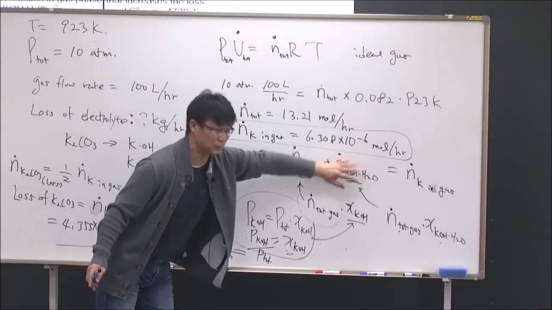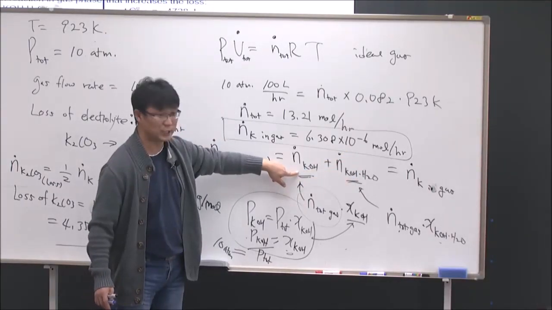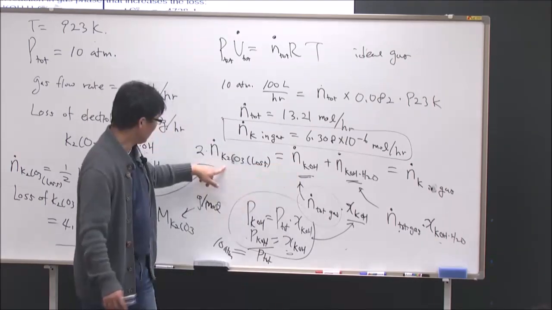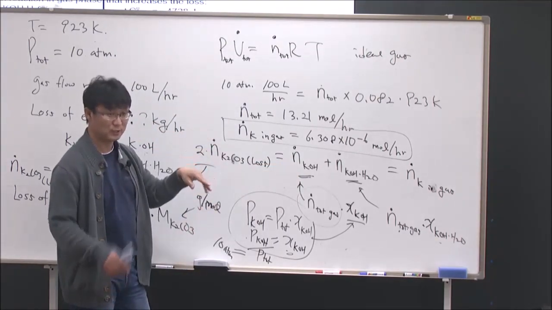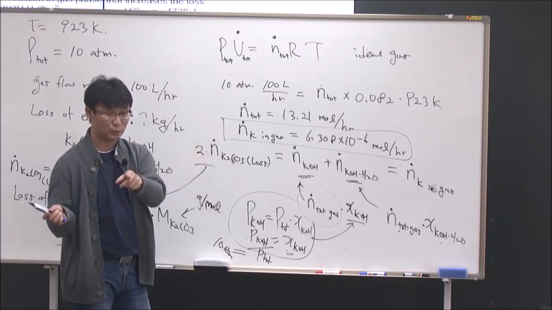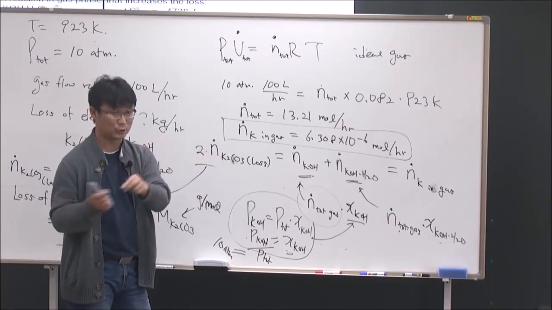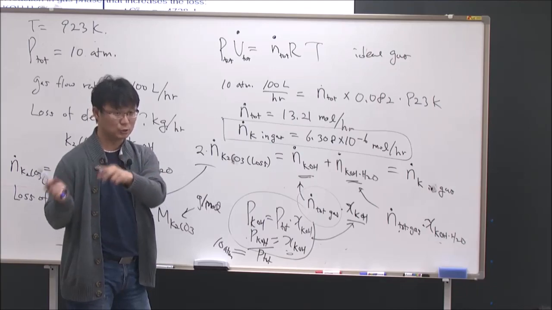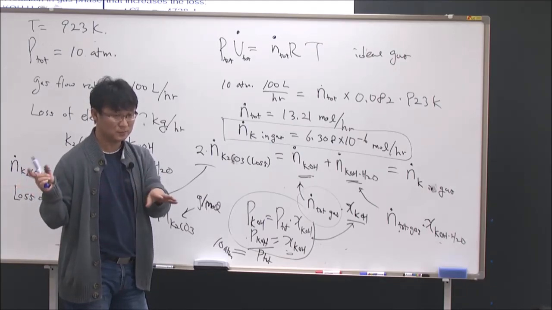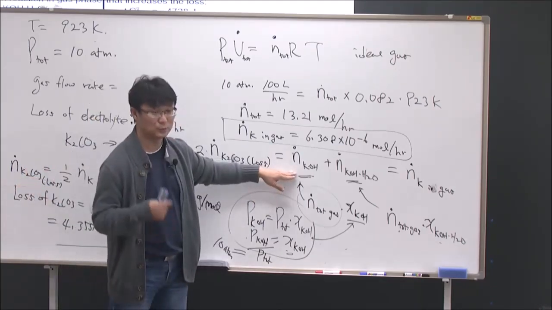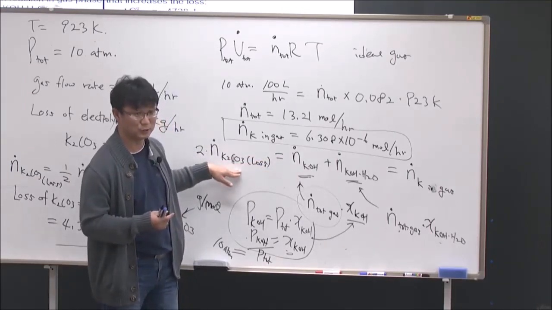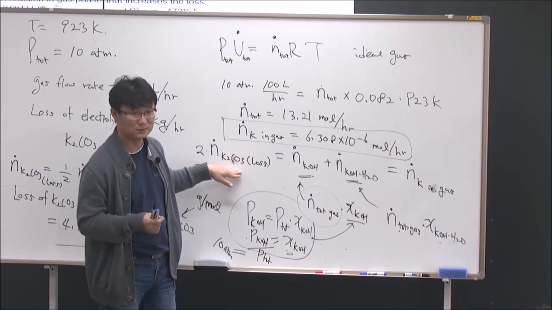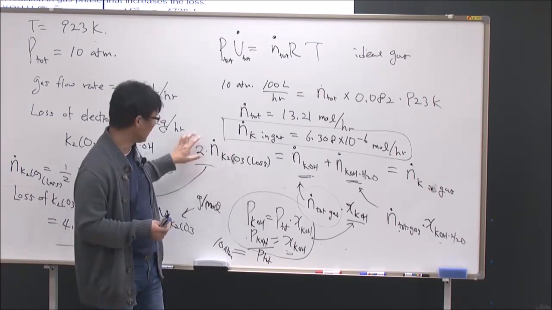Let's forget about the rest and assume there's only KOH. 1 mole of K2CO3 will dissociate into 2 moles of KOH. So the amount of KOH produced is 2 times the loss of the K2CO3. Does it make sense? That's why it's 2, not half.